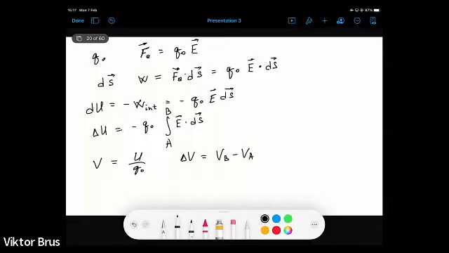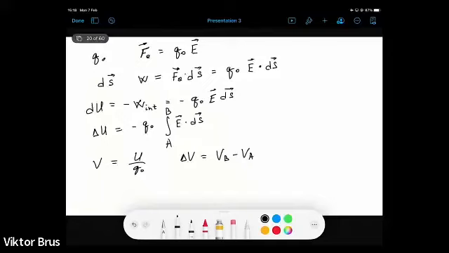So in general, when we have the general case of moving from point A to point B, assuming that the electric field may not be uniform, because it can either be uniform, so it will not change neither its magnitude or direction while moving from point A to B, but it is also not always true. It can be position dependent.